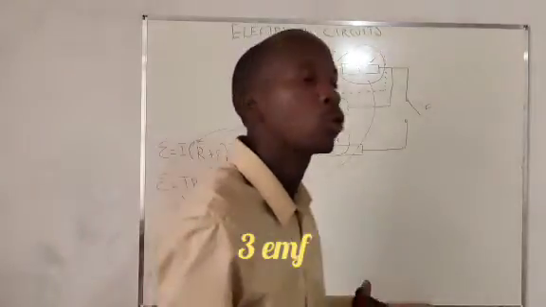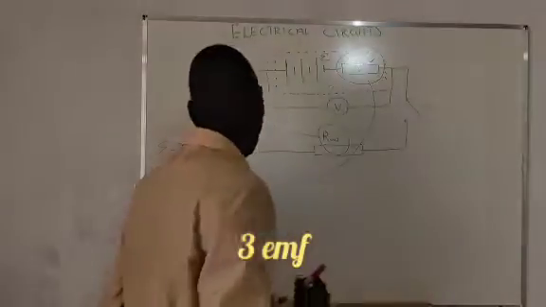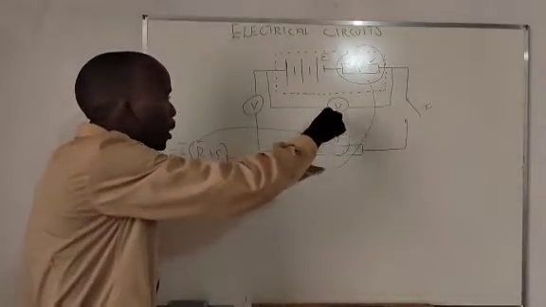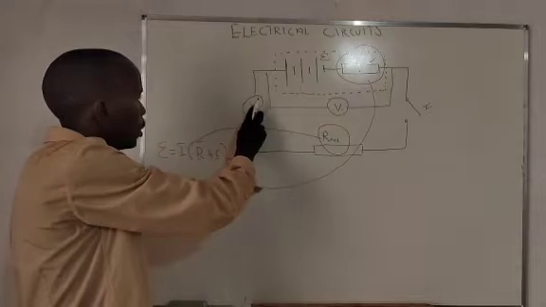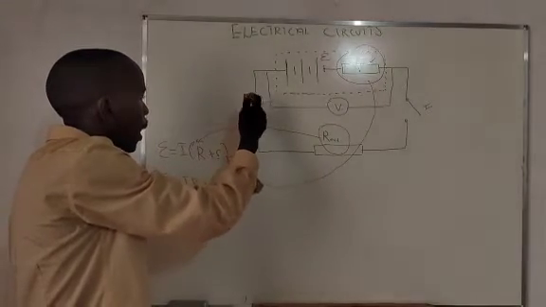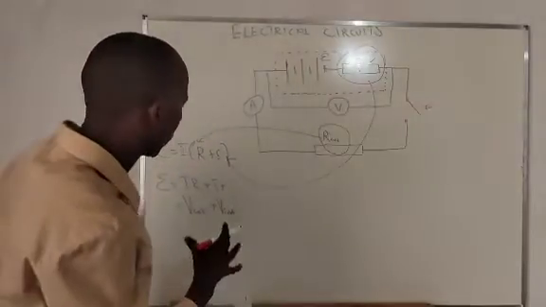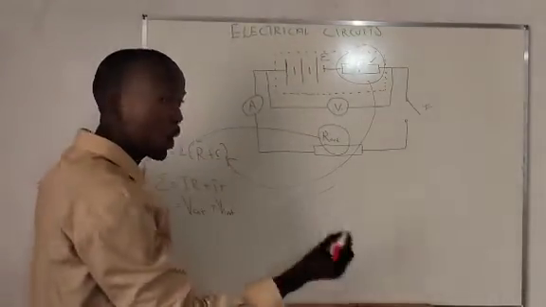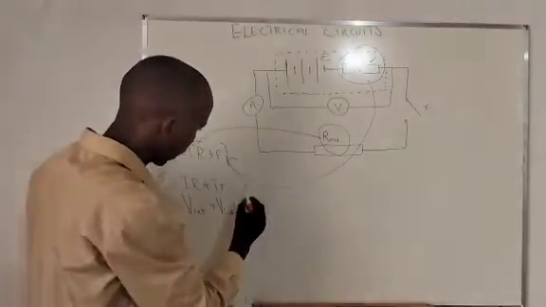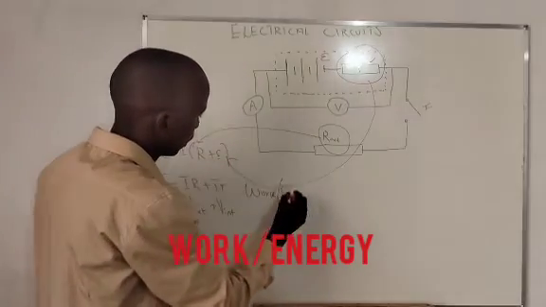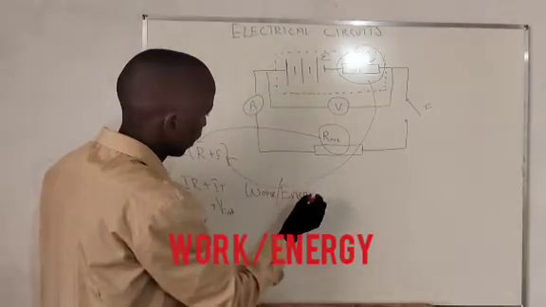As we proceed, there are some formulas we also have to know. I'm sorry about this: this is the ammeter, and not the voltmeter. We can be required to calculate work, which is sometimes referred to as energy.